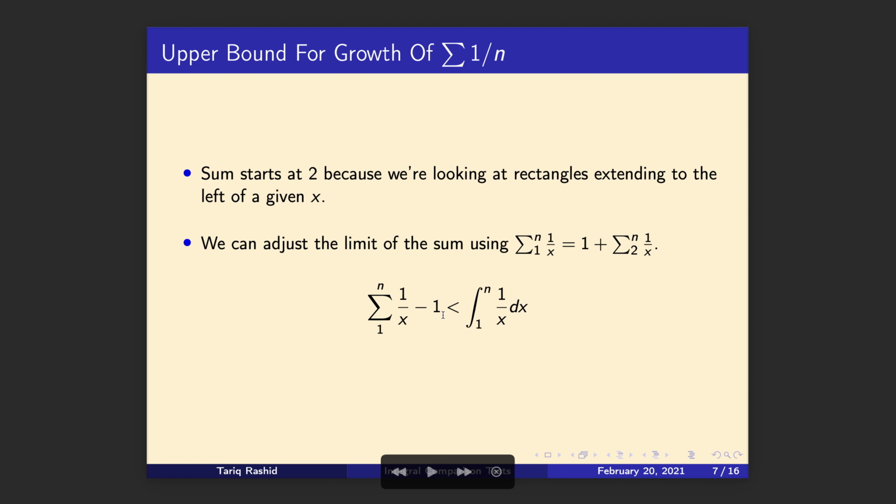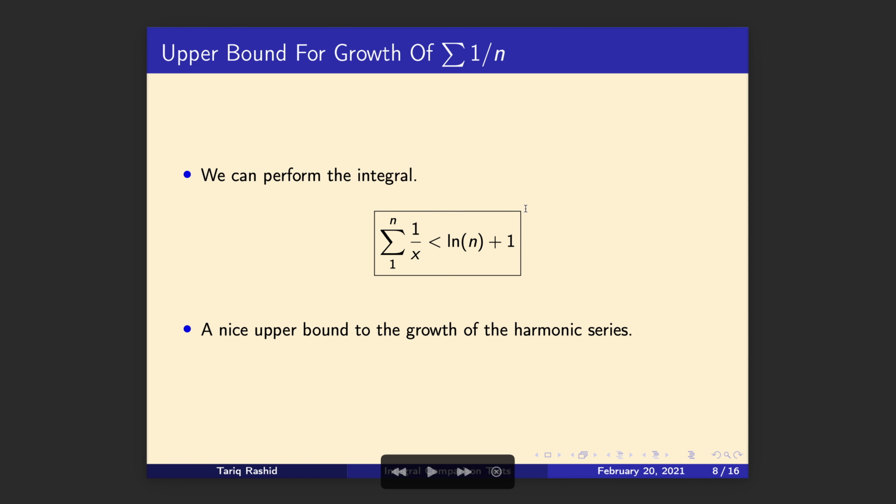Really simple again. And if we perform the integral, I won't do it this time because it's the same. 1 over x becomes log x, and the limits this time are from 1 to n, and really quickly the answer pops out as the sum of the harmonic series from 1 to n is less than the log of n plus 1. It's plus 1 here because it was minus 1 on the other side.